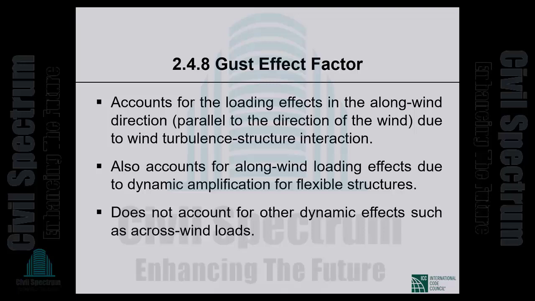The factor does not account for other dynamic effects such as across-wind loads. If you have a tall, skinny tower, when wind blows in the north-south direction, the predominant vibrations of the tower may be in the perpendicular east-west direction. And that kind of across-wind phenomena will not be captured by the gust effect factor.